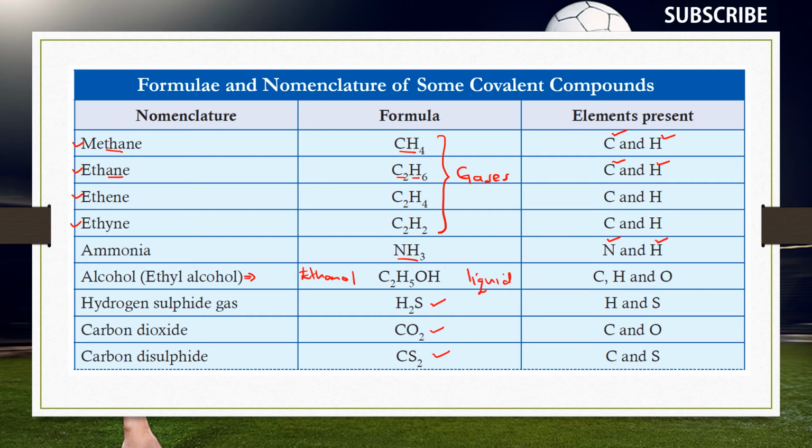So one thing to note, most of these covalent compounds are gases. So we shall see under the properties of covalent compounds what state these covalent compounds are in most cases. So these are some of the examples. You can maybe name some more compounds like water and so on, but these are some of the common covalent compounds.